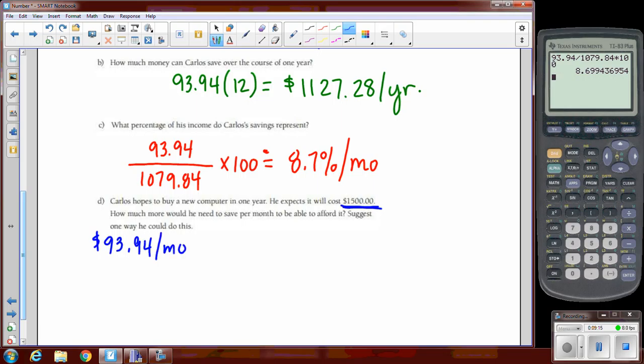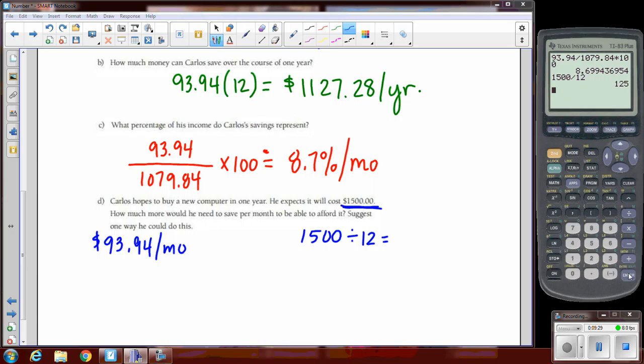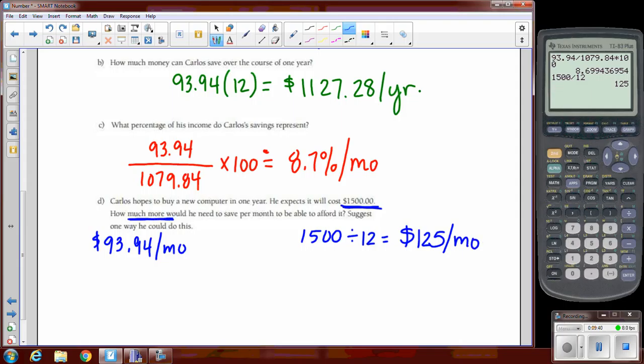But he wants a $1,500 computer. So if he wants to save $1,500 in 12 months, I'm going to divide that by 12 and say, how much does he actually have to save each month? So 1,500 divided by 12 means he has to save about $125 a month. So he's fallen short of what he actually needs. So it says, how much more does he need?